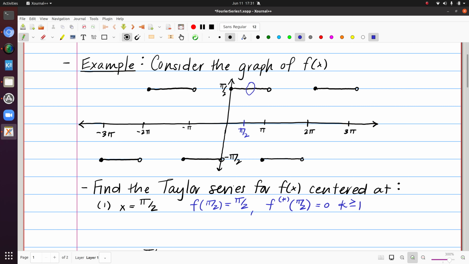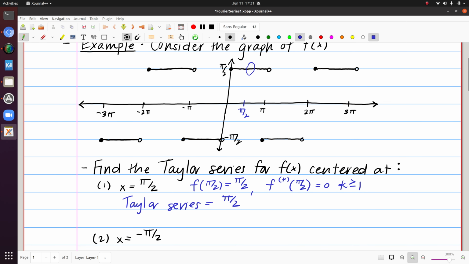So as a result, the Taylor series would be just equal to the constant function pi over 2. So maybe I'll write this. The Taylor series would be y equals pi over 2.